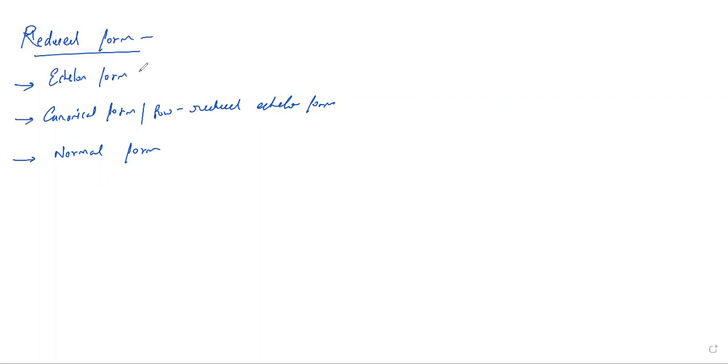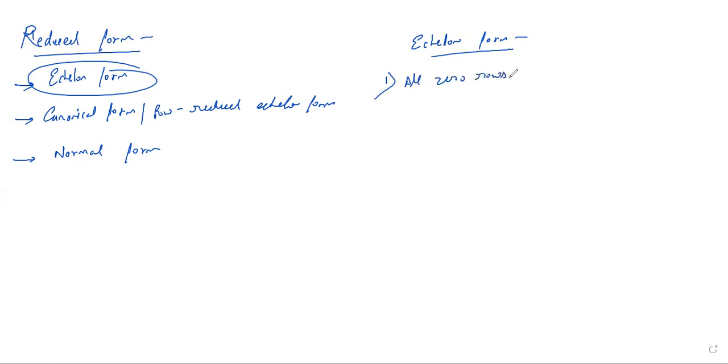We have done echelon form in the previous lecture, and we have seen that a matrix is said to be in its echelon form if it satisfies these properties. The first one is that if any zero rows exist in the matrix, all the zero rows are at the bottom of the matrix.